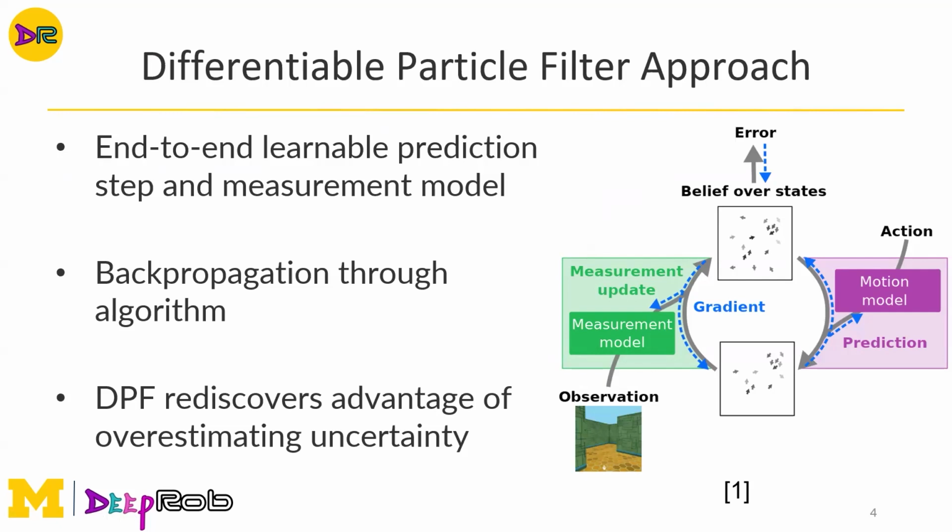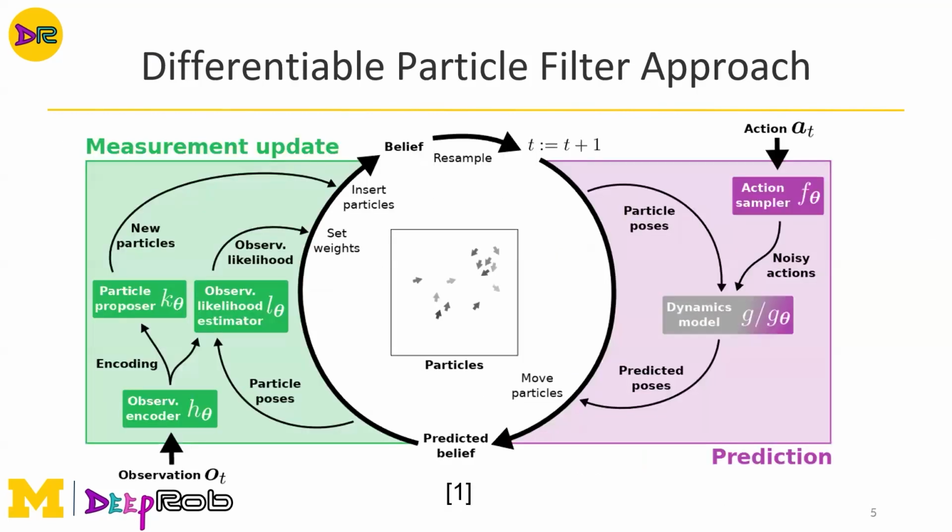And one interesting note about the original DPF is that it rediscovers what we, the humans, found through trial and error, and that is that overestimating uncertainty in all steps of the filter improves performance.